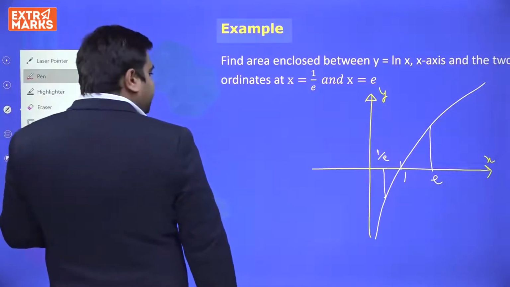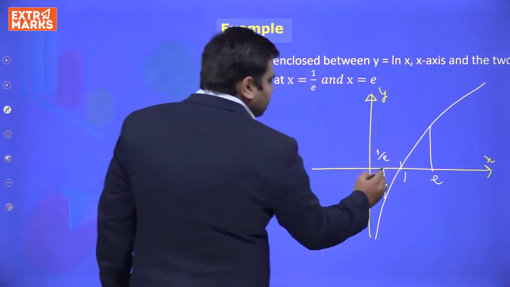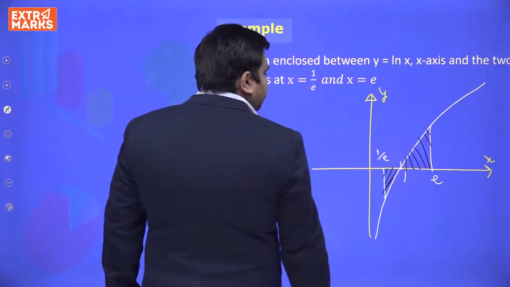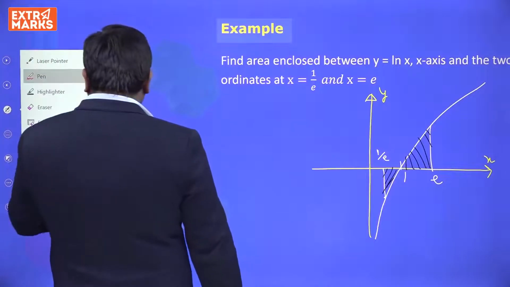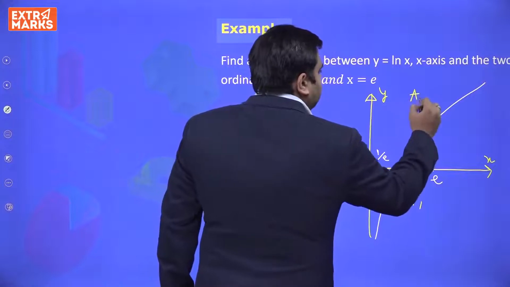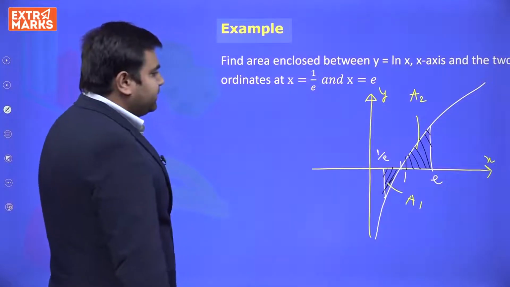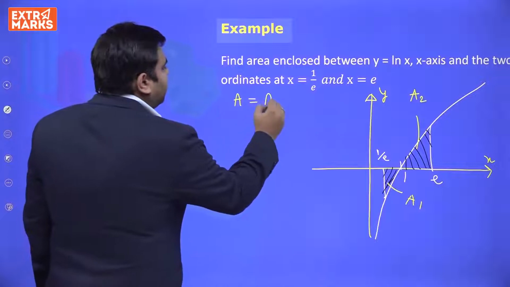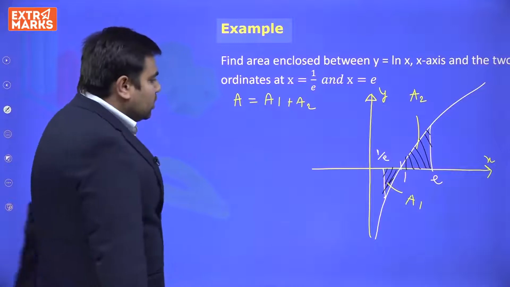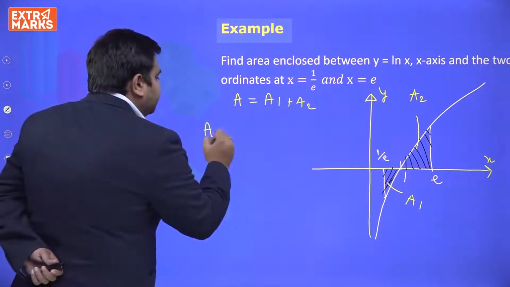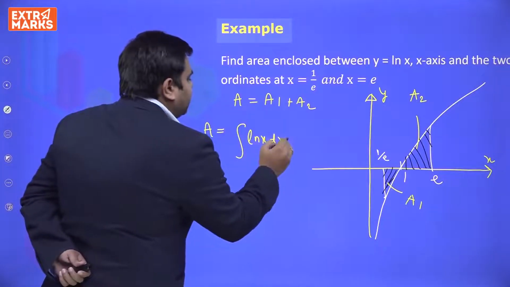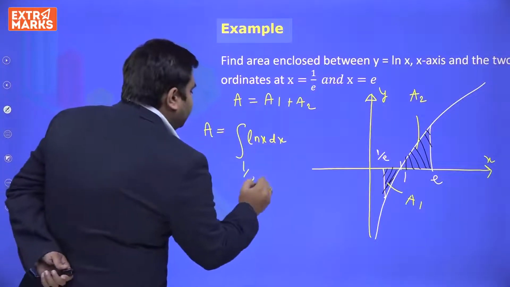So what would be the area? So this is A1 and this is A2, right? So the required area will be A1 plus A2. For calculating A1, we need to integrate ln x with respect to x from 1 by e to 1.